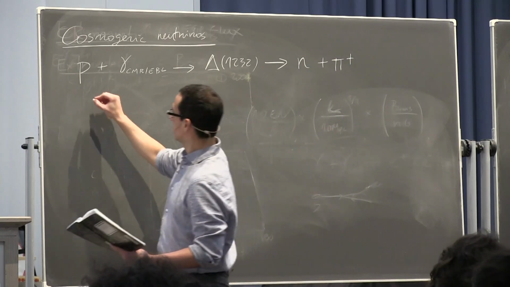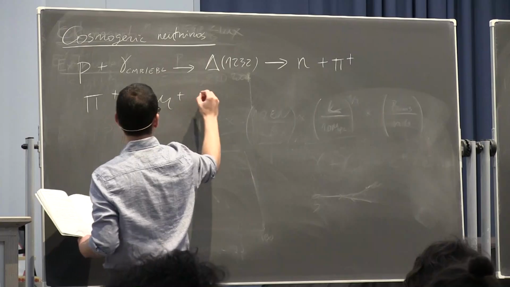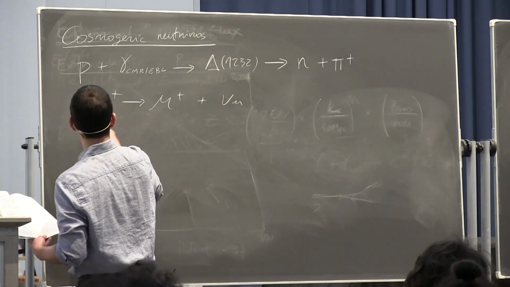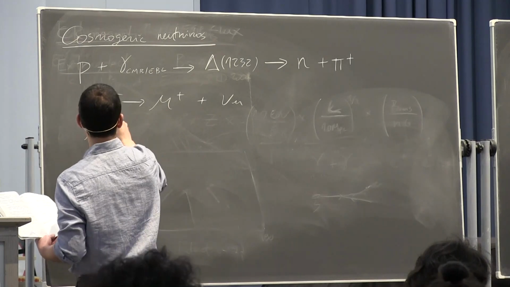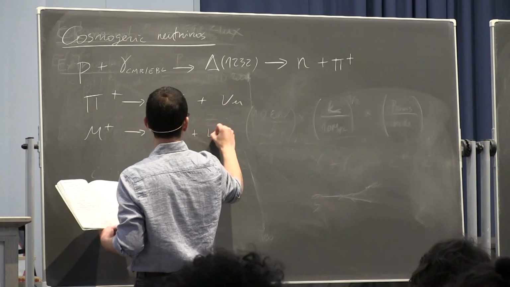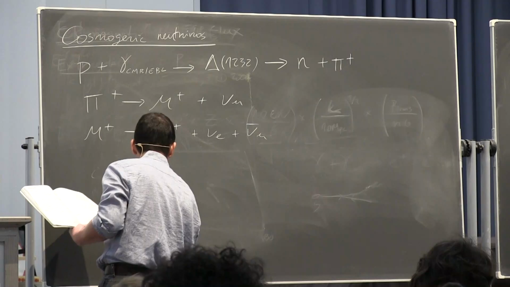And the charged pion decays into a mu plus a nu mu, and the muon decays further into neutrinos and positrons.